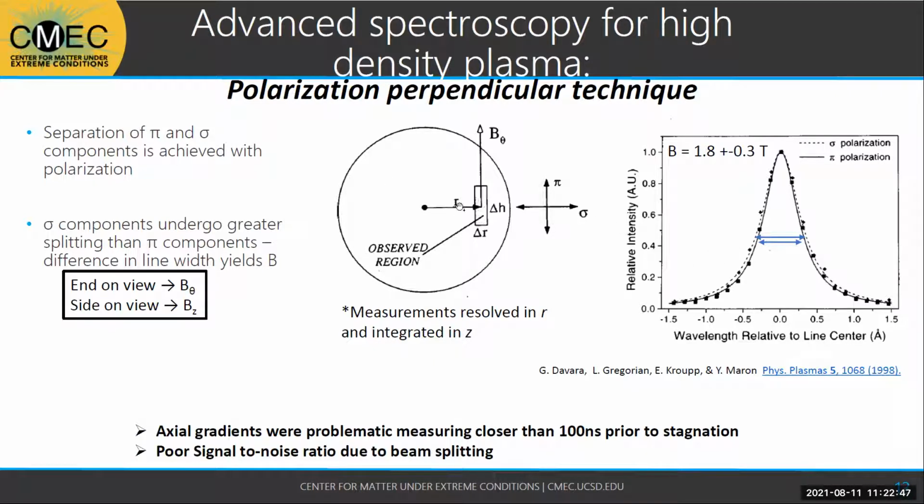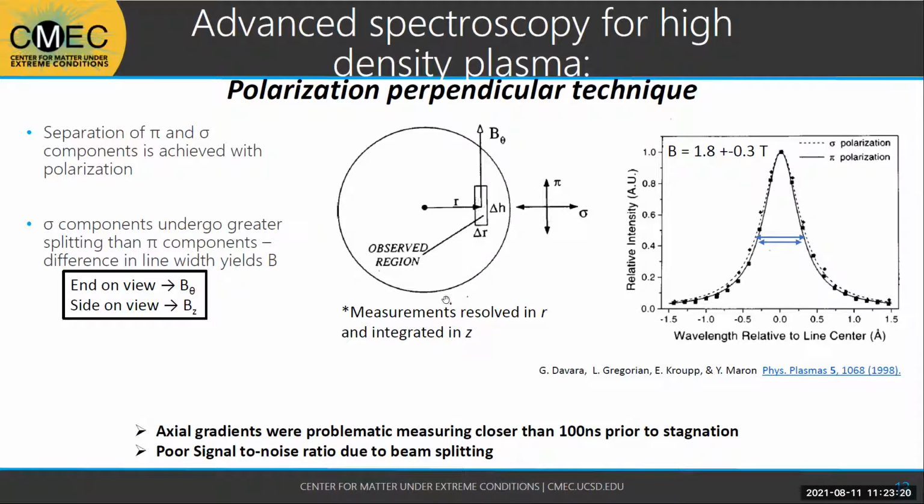If you're using this technique in a Z-pinch and you're looking along the Z-axis, parallel to it, you can measure B theta. If you're looking on the side, you can measure BZ. Measuring B theta has one issue: when you're looking parallel to the Z-axis, you have to integrate along Z, and this is not really a local measurement.